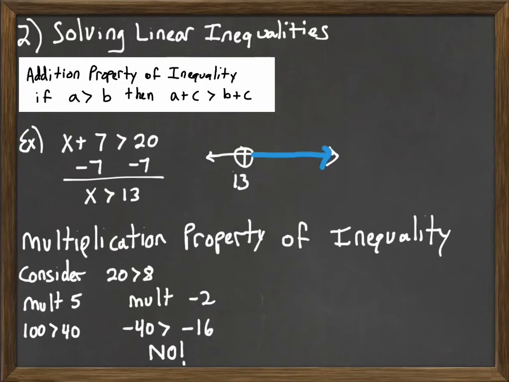But no, that's not true. So when we multiply by a negative, to maintain the inequality, we have to flip it around. So negative 40 is less than negative 16. You're worse off to be $40 in debt than just $16 in debt.